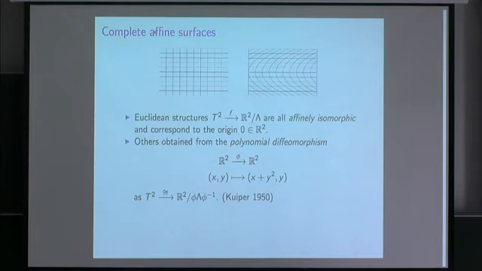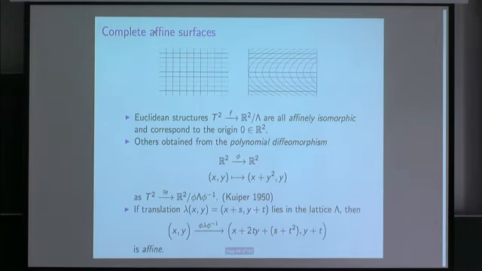The other ones are obtained by conjugating by a polynomial diffeomorphism like this. It's quadratic. And the effect of conjugating, say, a lattice by this diffeomorphism would take the straight lines into arcs of parabolas. In this case, we have a pure horizontal translation, which is conjugated to a translation. But for the typical lattice, I think I have a picture here.